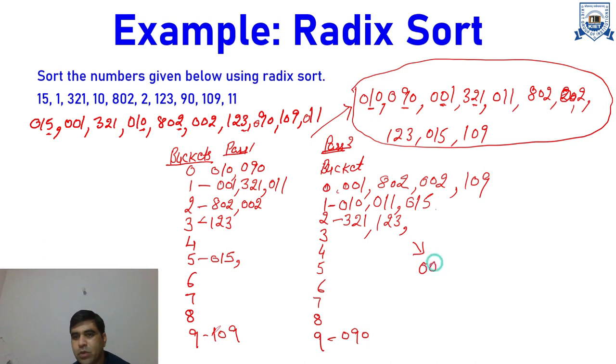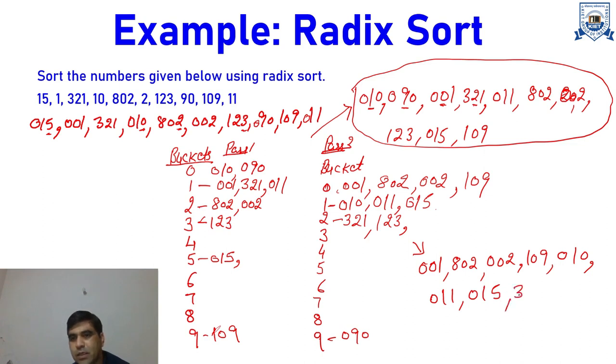It is 001, then 802, then 002, then 109, then 010, then 011, after that 015, after that 321, after that 123, and after that 090.